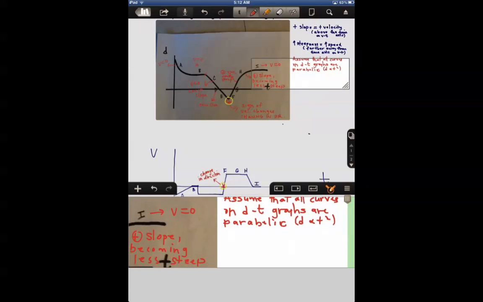And if you think about it, in all of our numerical equations that involve acceleration, d is proportional to t squared. Why this is important is that it leads us to constant acceleration.